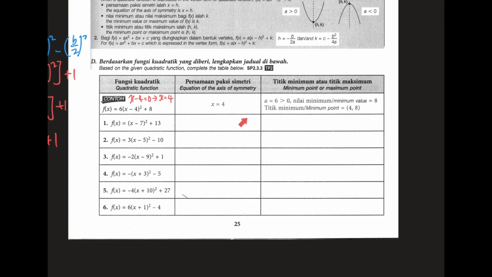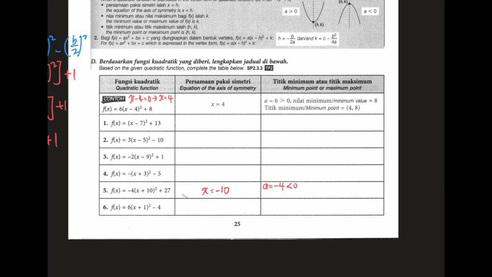Okay, let's see one more example. Let's say this one, number 5. Axis of symmetry, look at the bracket, x plus 10. Imagine x plus 10 equal to 0. So x equal to minus 10. Now for our case, a is negative 4. Negative 4 less than 0.